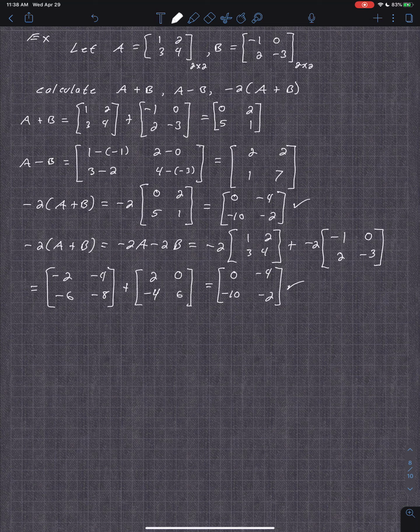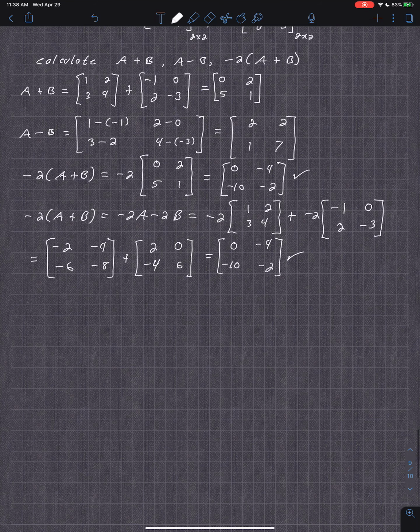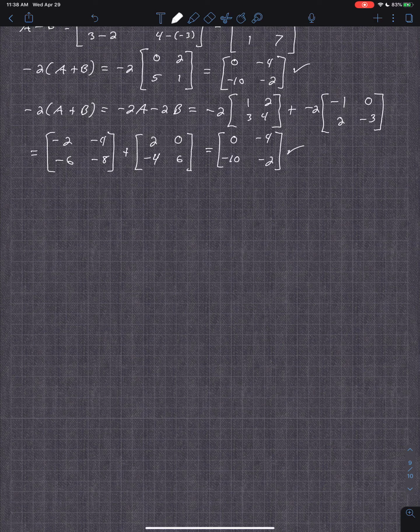All right, so that's some simple arithmetic of matrices. Let's look at multiplication of matrices. This is going to be a little different. You could think it's going to be simple, but it really is not.